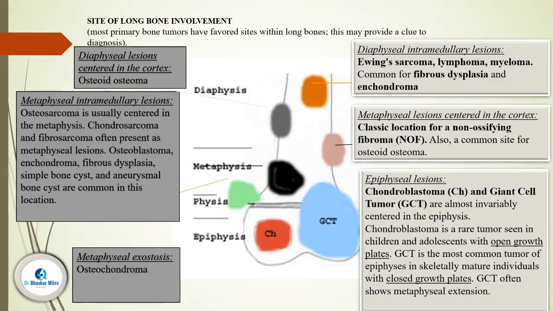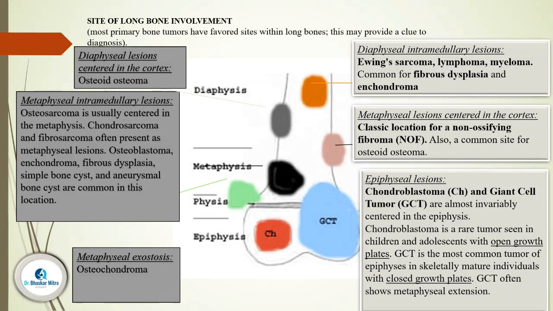Now comes the importance of epiphysis, diaphysis and metaphysis. We all know what these are. Diaphysis is the central part of the bone where the intramedullary lesions are very common, like Ewing sarcoma, lymphoma, myeloma. Metaphyseal area is the growing end of the bone, so there lies the osteoid osteoma.